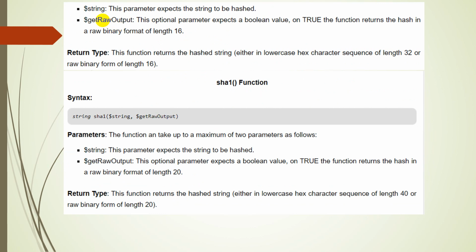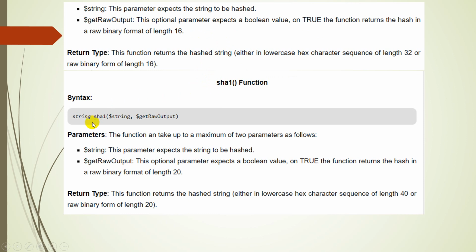The second parameter is get raw output. This optional parameter is passed a boolean value; if true, the function returns the hash in raw binary format. Return type: this function returns the hash string either as a lowercase character sequence of length 32 or in raw binary form of length 16.